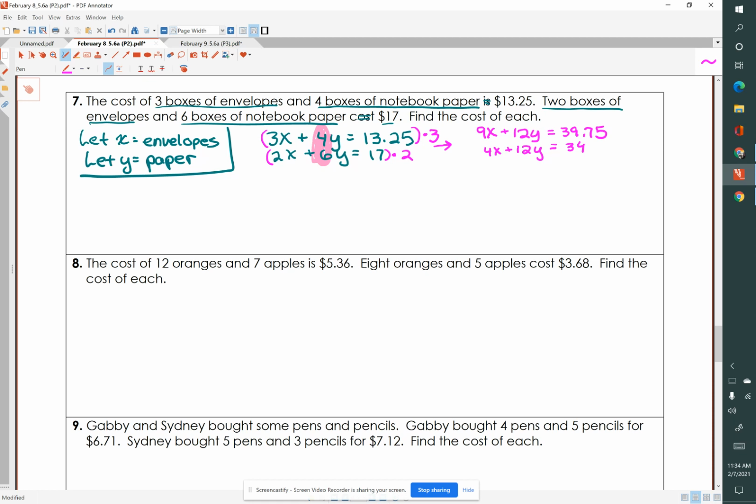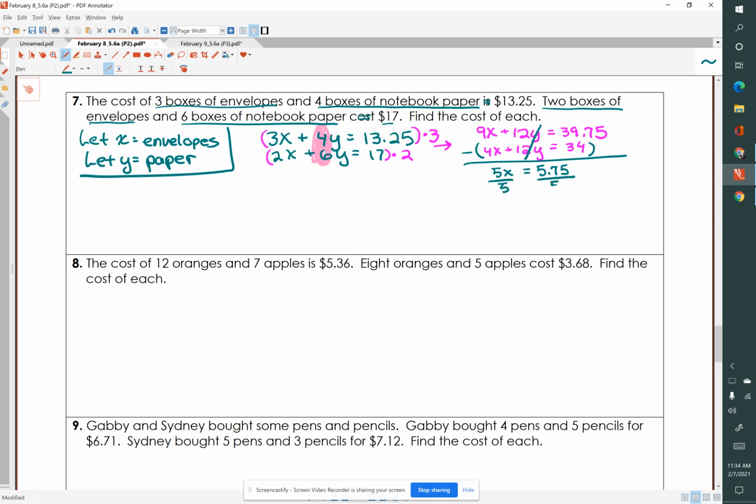Now, I'm going to subtract the second equation from the first equation so that I can eliminate the y terms. So 9 minus 4, 5x. I've eliminated the y terms. 39.75 minus 34 is $5.75. Divide both sides by 5.